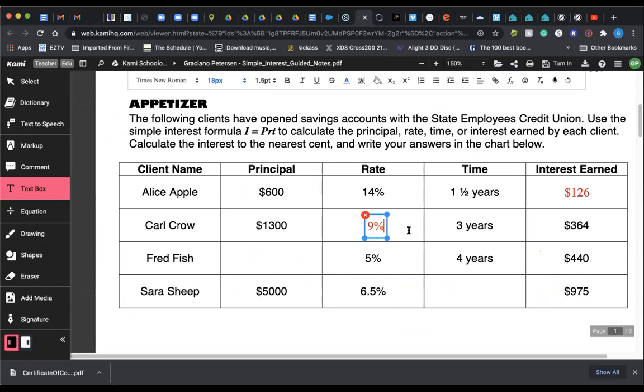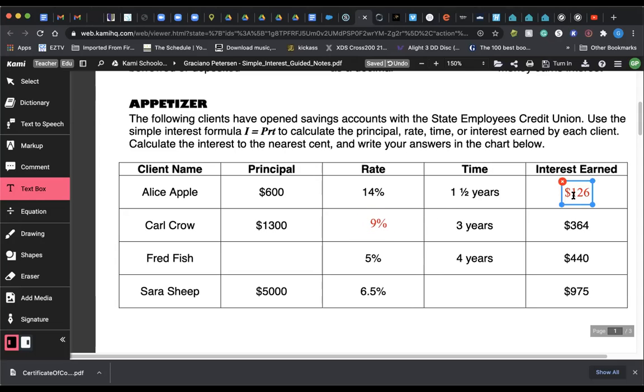All right, because when I plugged it in, I got 364, so it works. But yeah, you can always just check it by putting it back into the original formula and see if you get the same interest.